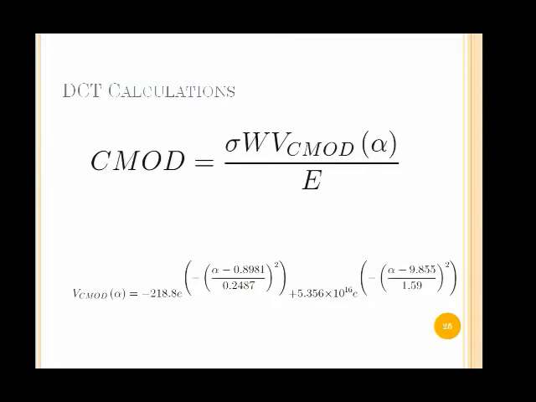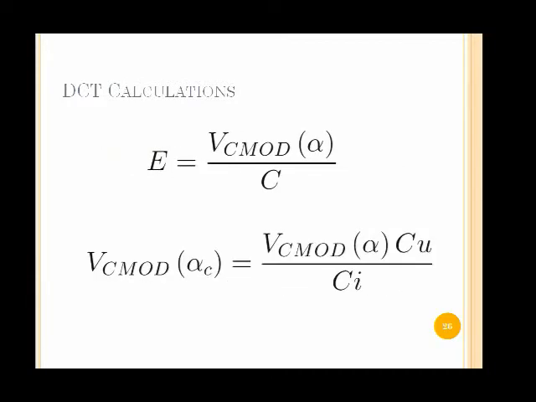We have our correction factor, and we again say that the elastic modulus stays the same because theoretically, elastic modulus is a material property. It shouldn't change. And when we do that and solve and put everything on one side, we have our correction factor, our unloading compliance, and our loading compliance.